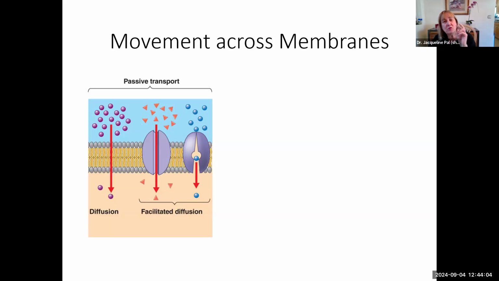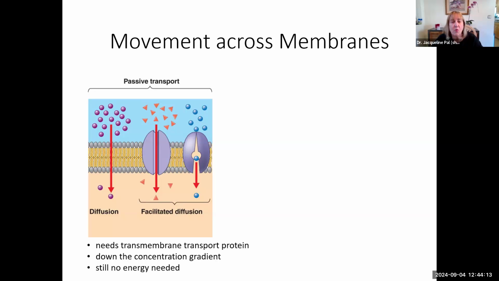So there's two types of passive transportation, just normal diffusion and facilitated diffusion. Neither requires energy. Both are going down the concentration gradient. Simple diffusion does not need a transport protein. Facilitated diffusion does need a transport protein.